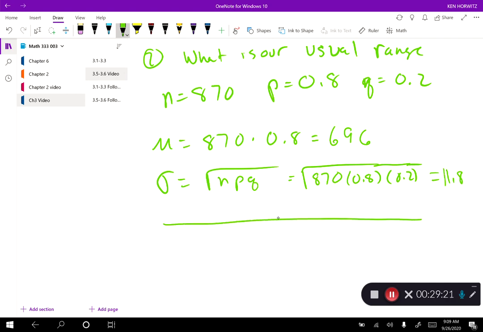So our usual data, most of our data, is going to be contained around our mean. If we add two standard deviations and subtract two standard deviations, you wind up between 672.4 and 718.6.